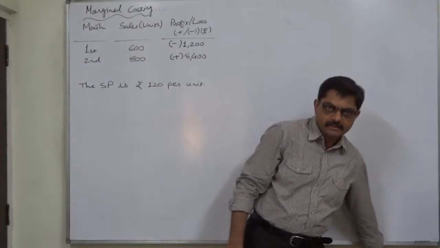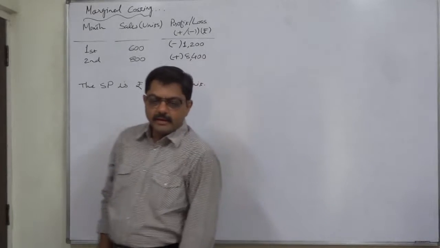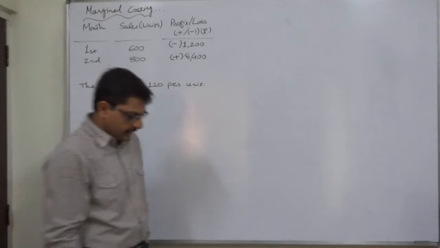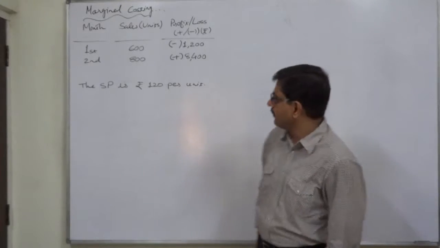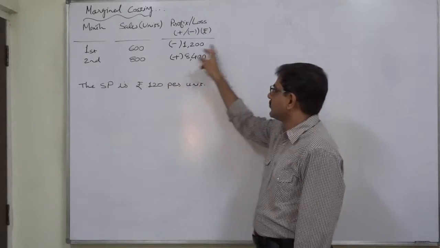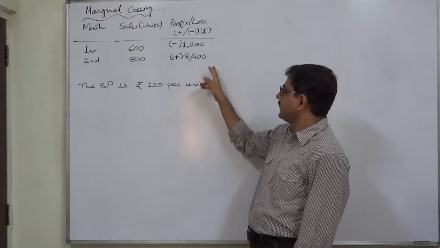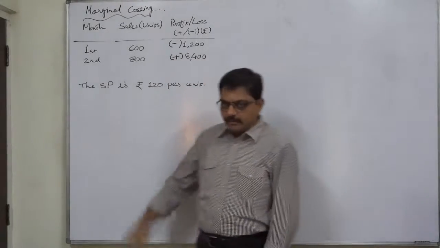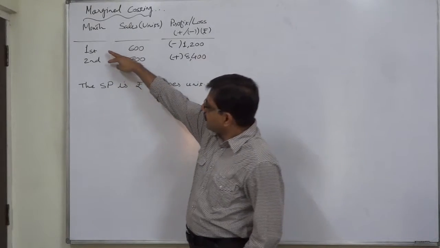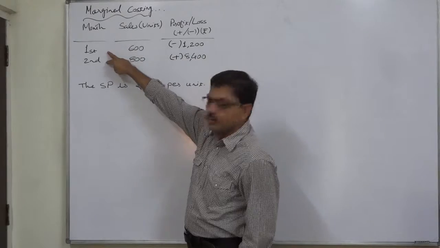Hello and welcome friends. Again we are here with a new case of marginal costing in which we have the data available regarding sales quantity in number of units and profit or loss in rupees. The main thing in this case is, first of all, the data are for 2 months.